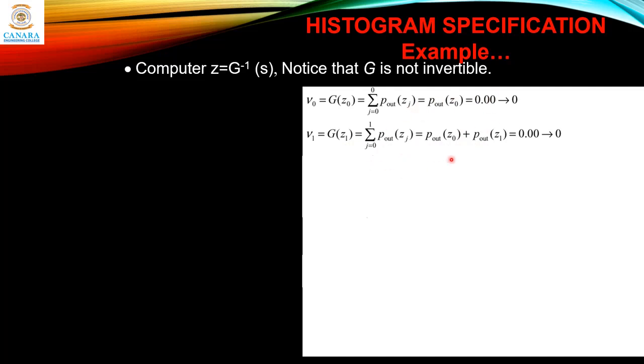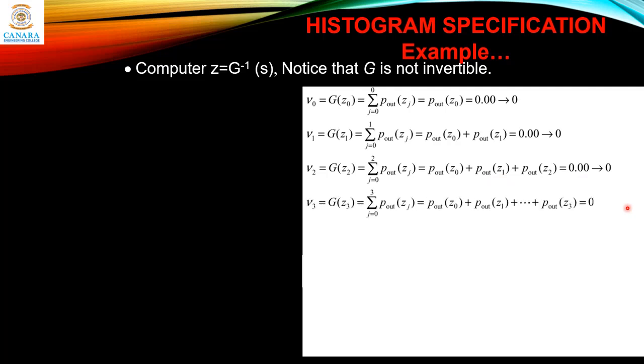These values are from the specified histogram. This process is basically equalizing the specified histogram. Again, this maps to 0. For v_2, we are considering 0 to 2, that is 3 values, p_out of z_0, z_1 and z_2. Again it is 0.